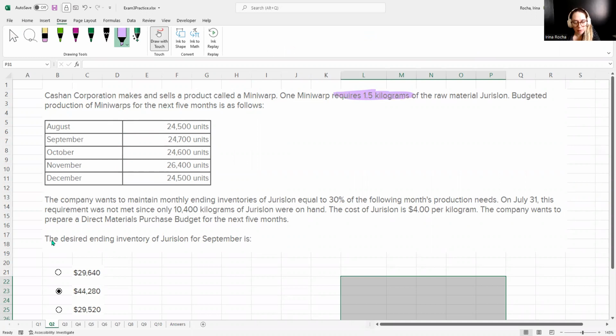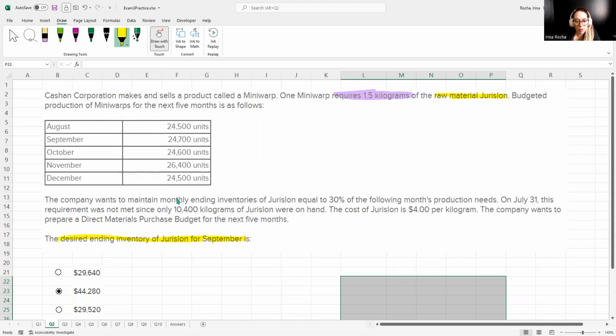They're asking for, and I try to read what they are asking first before I keep going. They're asking for desired ending inventory of raw materials, right? The raw material for September, desired ending. Okay.